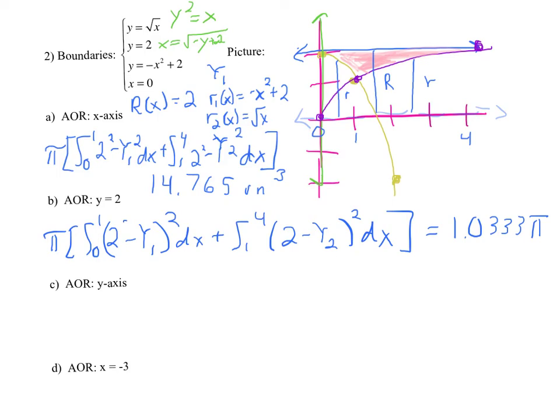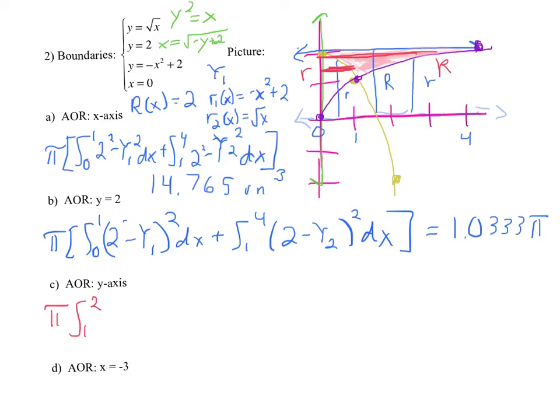It looks like our small radius will be in between our yellow function, which is the square root of negative y plus 2, and our big radius will be in between our purple function, which is y squared equals x. And we'll just have one hole, so we only need to set up one integral. And we're going to integrate with respect to y, and this shaded region is in between 1 and 2.